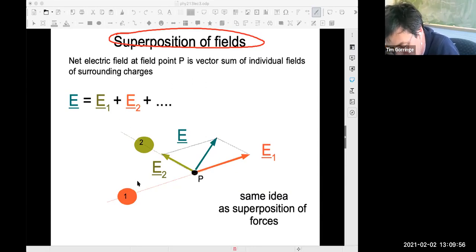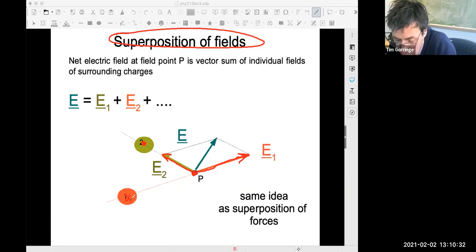So for example, I pictured it here in this little sketch. Here's charge number 1 down on the bottom left. And at this field point, I labeled it P, it is creating an electrical field E1. Here's charge number 2 over here upstairs. And at this field point, it's creating an electrical field labeled E2.